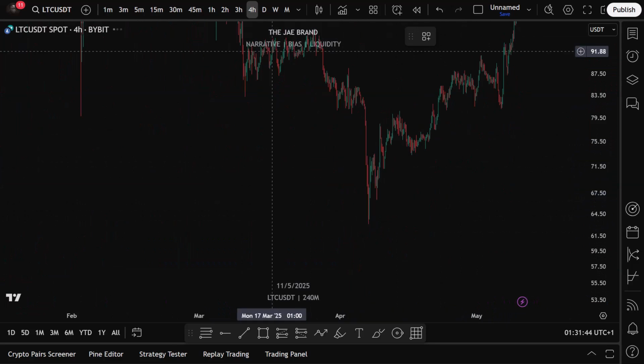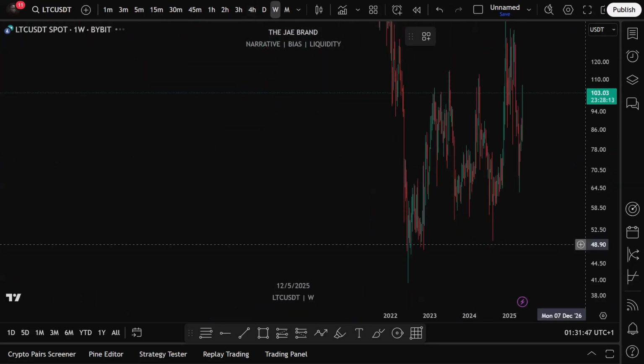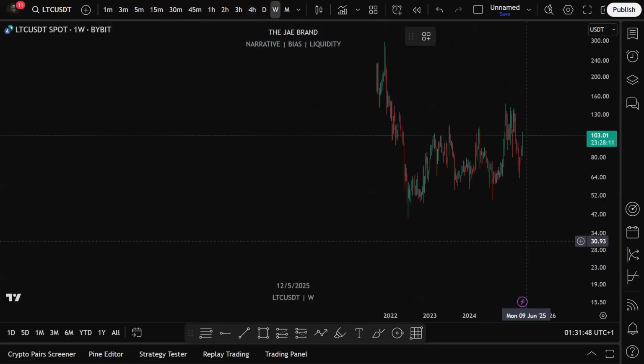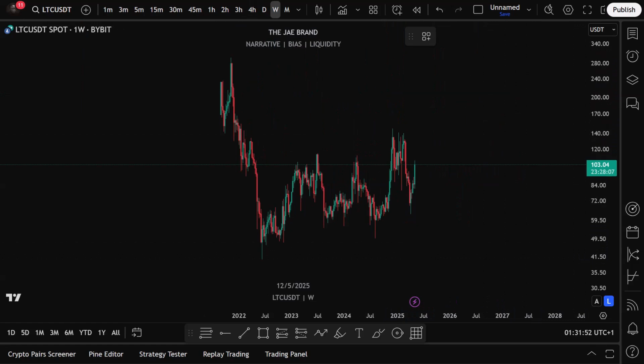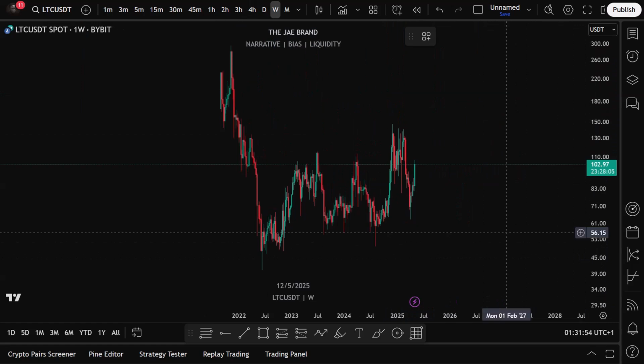Now we have to start from a higher time frame. I am big on top-down analysis because a higher time frame gives you a bird's-eye view of the market condition. You see everything clearly. You don't start analyzing from a lower time frame.